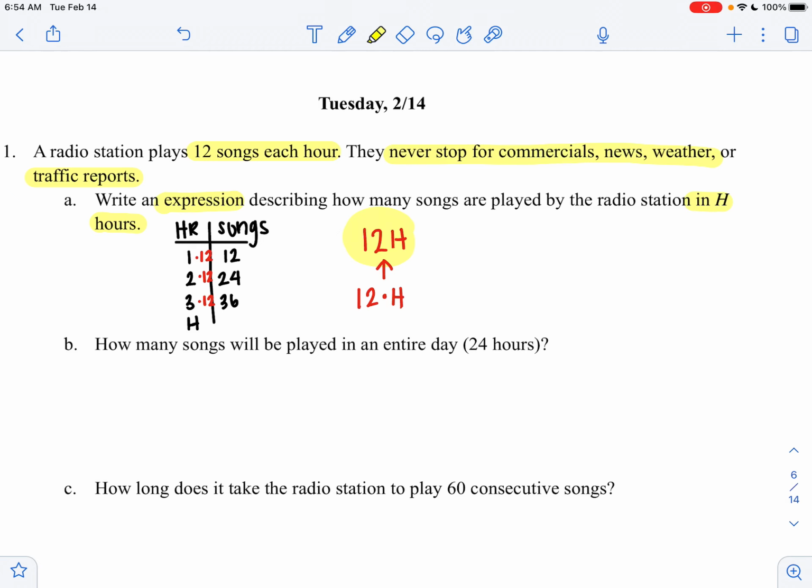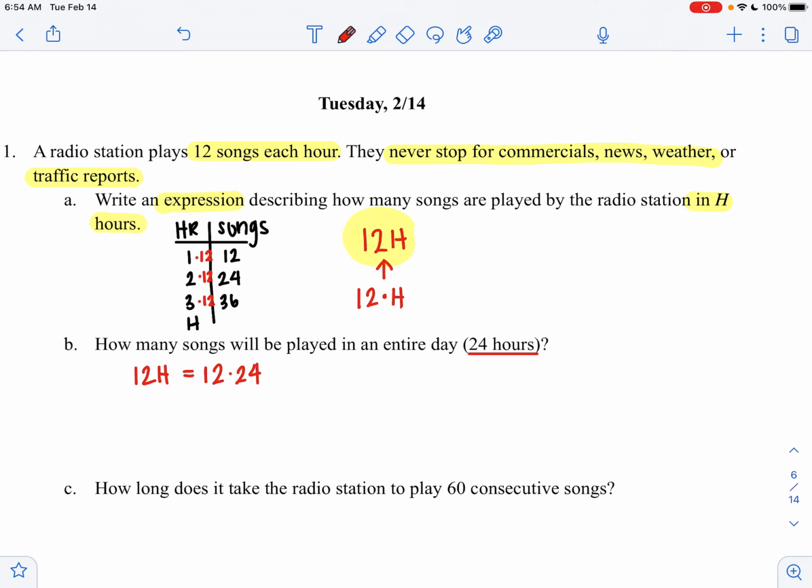Now take a look at question B. It says, how many songs will be played in an entire day? So 24 hours. Well, I know what my expression is. It's 12H. But in this case, I know that H is 24. So I'm simply multiplying 12 times 24.